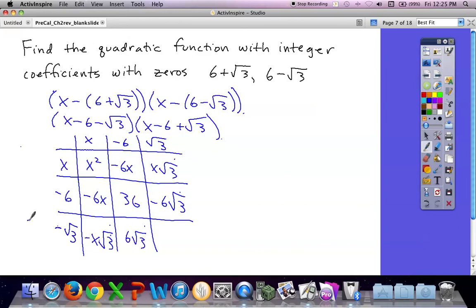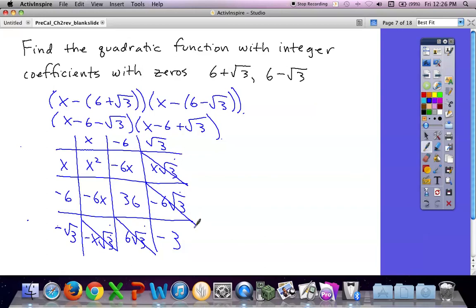And then what is negative square root of 3 times positive square root of 3? Minus 3, right? The minus times plus makes minus. The square root of 3 times the square root of 3 is 3. So notice what I was saying there. This is the opposite of this. This is the opposite of this.